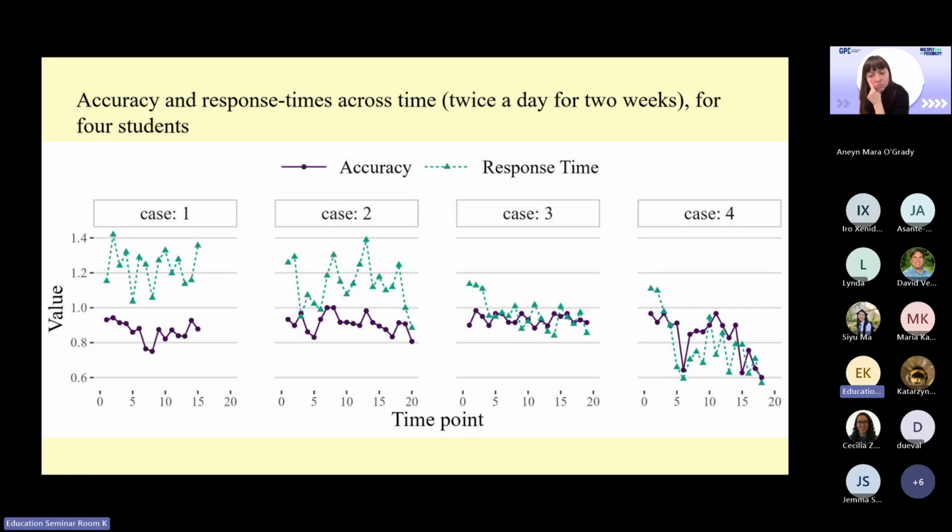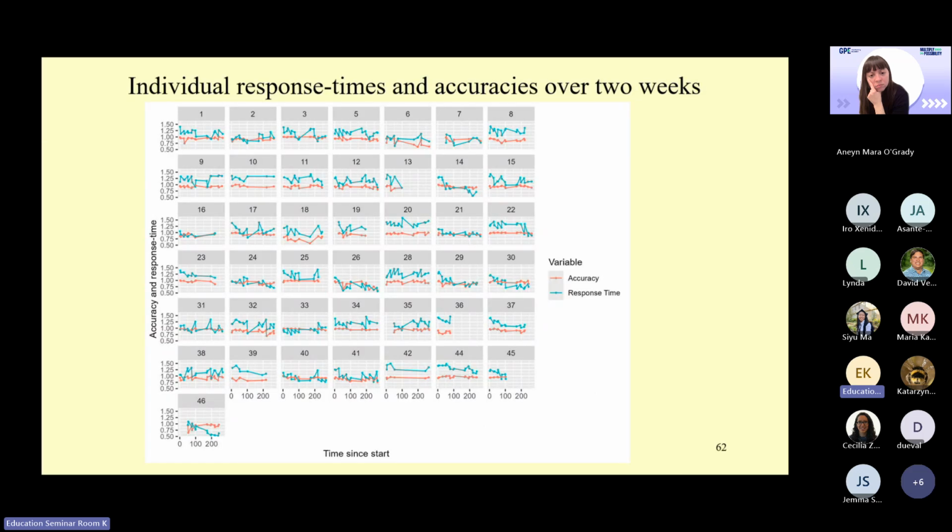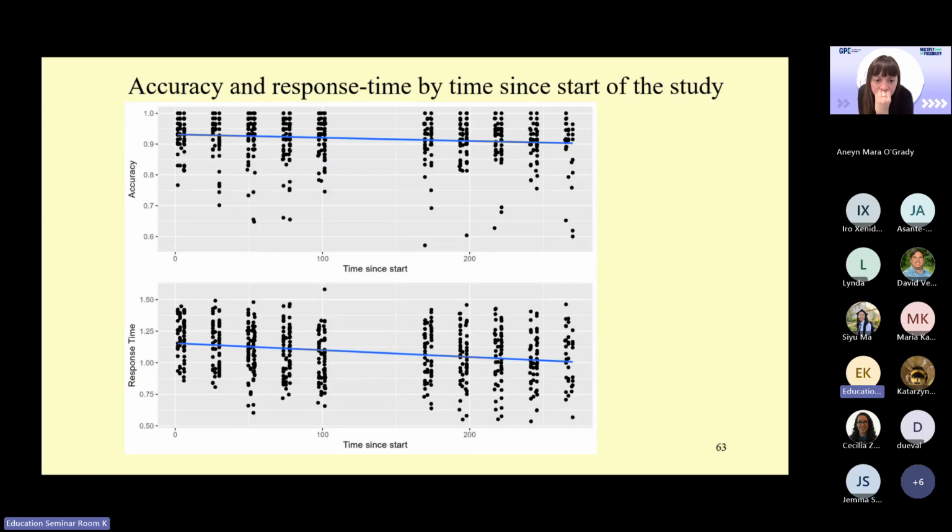We see very different patterns of change over time, and children differ in these patterns. Here are all the participants, and we also see very different patterns over time. And we see the accuracy and response time by time since the start of the study.